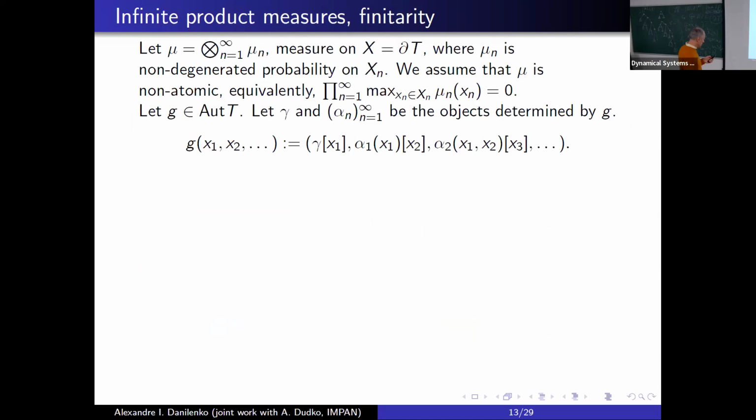So now take an element g, which is an automorphism of the tree. Then you know that it has the following structure, where gamma is a bijection of X1 and a1, a2 and so on map from the product of the first coordinates to bijections of the next coordinate. That is just the general form of any automorphism.